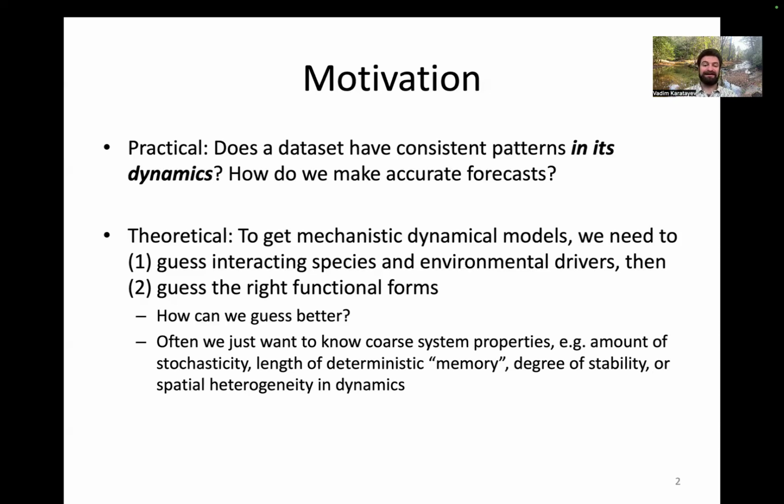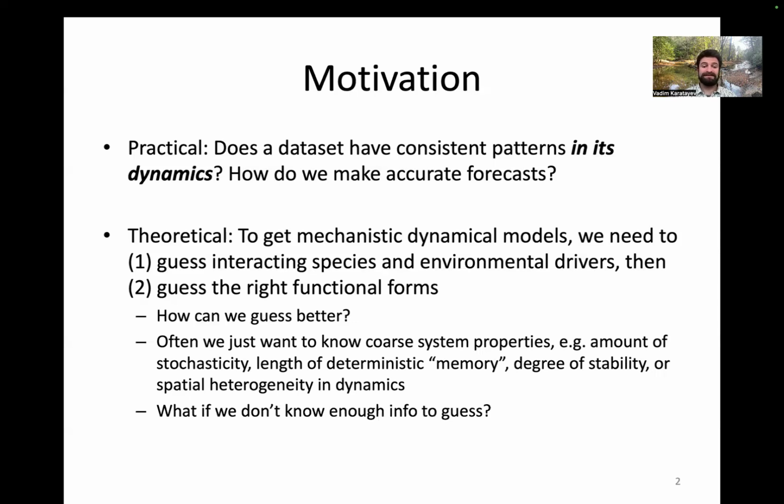Also, how many lags in the dynamics are important, the length of the deterministic memory of the system. Is it stable? Do dynamics differ from location to location? These are aggregate properties that we don't necessarily need to know all the mechanisms for. And in fact, when we force some time series data to fit a parameterized mechanistic model, we might be losing important aspects of the data.